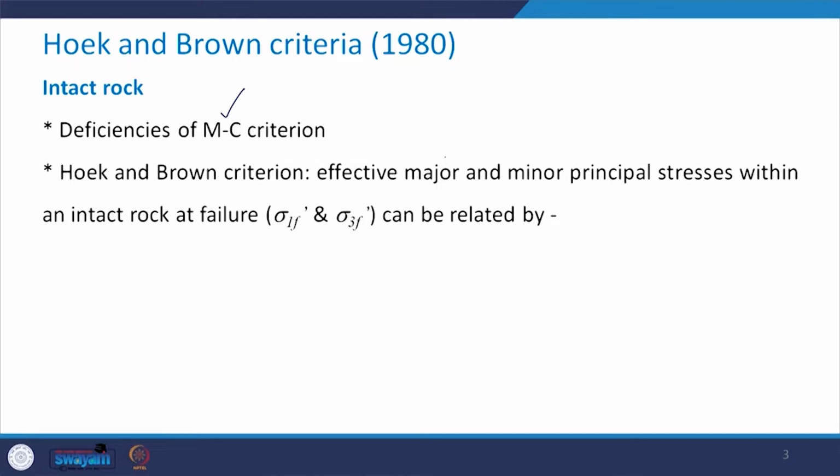What were these deficiencies? If you recall our discussion of the Mohr-Coulomb criterion, in case of a rock mass where discontinuities are also present, it is not really possible to get the parameters of the Mohr-Coulomb failure criterion in terms of effective stresses.